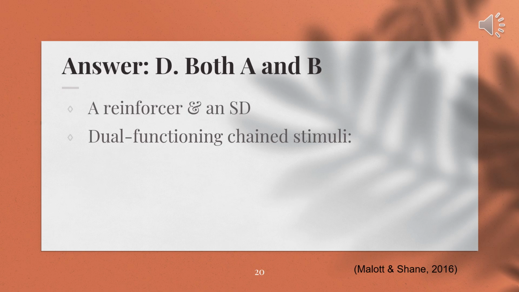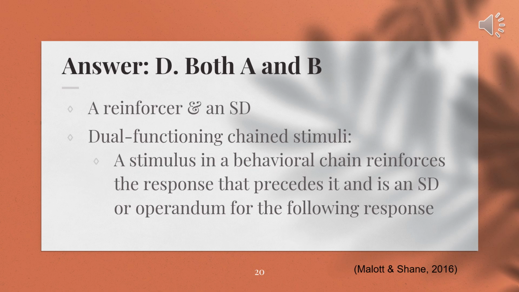This is defined by Malott and Shane as a stimulus in a behavioral chain that reinforces the response that precedes it and is an SD or operandum for the following response. The light was not an operandum because it was not a part of the environment that the organism operated or manipulated. Examples of operandums in the previous example would be the chain or the lever.